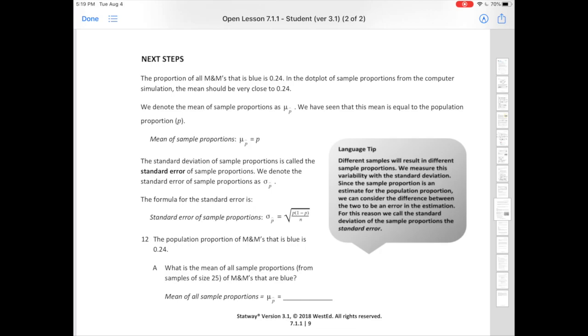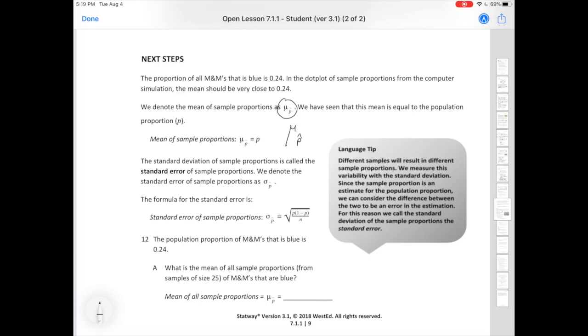So we denote the mean of the sample proportions as mu sub p hat. If this is hard to see, let me go ahead and write this again in a little bit bigger text. But this guy right here, we put a mu with a little p hat there.